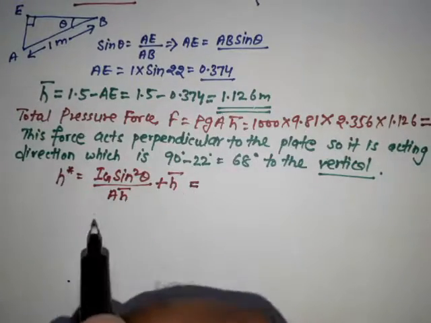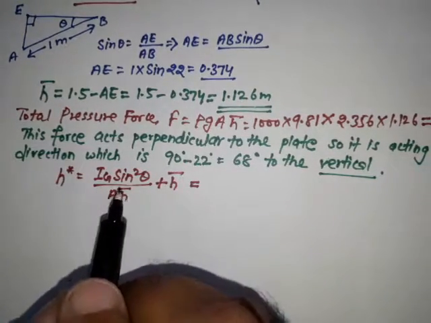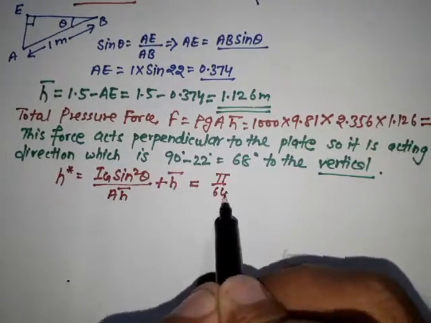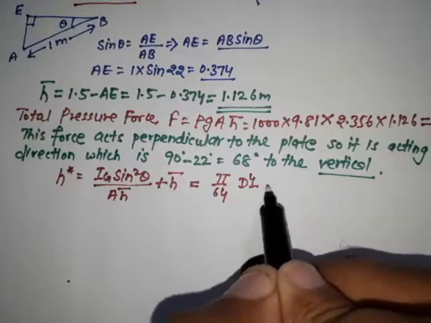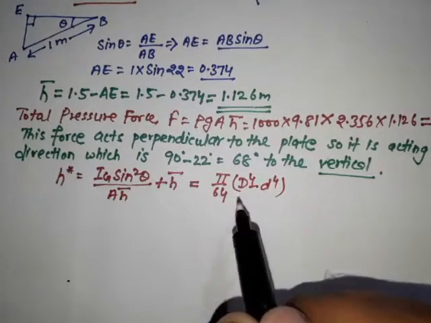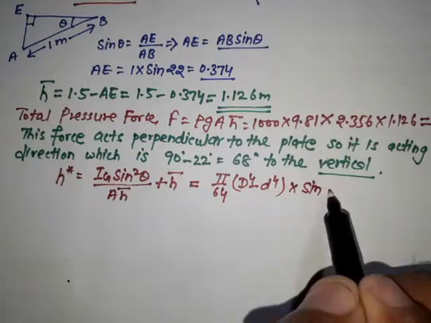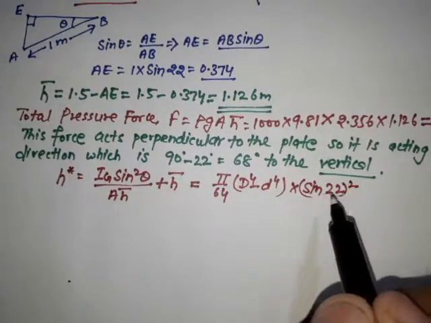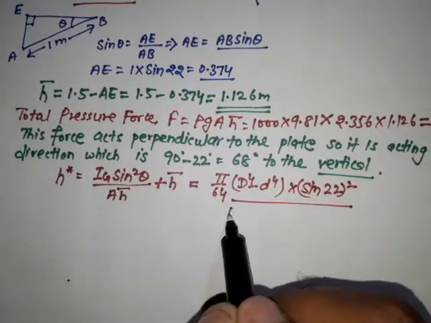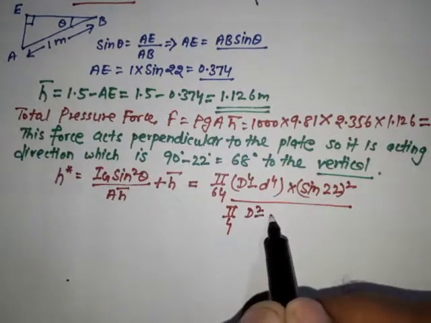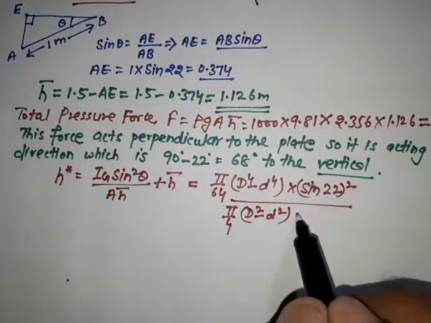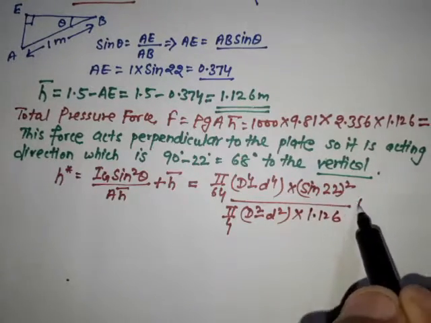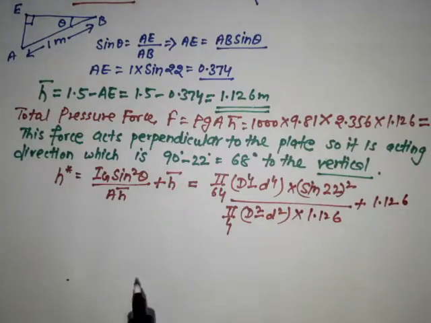In case of ring type circular plate, the Ig is pi by 64, D raised to power 4 minus d raised to power 4, external and internal diameter, into sine 22 degree whole square upon area, that is pi by 4, D square minus small d square into H bar. H bar is equal to 1.126 plus H bar 1.126.